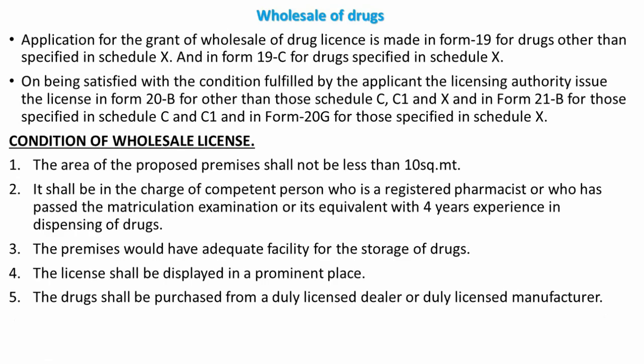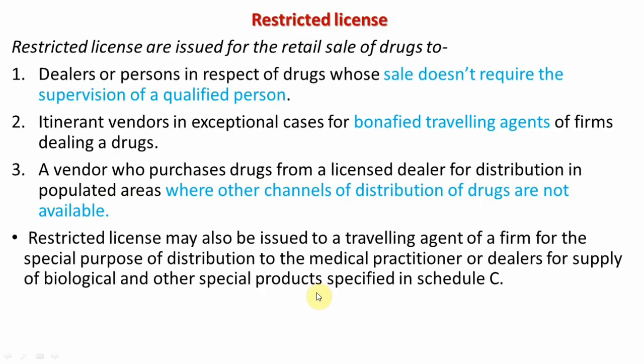Then next, wholesale of drugs. The conditions: the area of proposed premises shall not be less than 10 square meters. The premises would have adequate facility for the storage of drugs. License shall be displayed in a prominent place. Then restricted license. The restricted licenses are issued for the retail sale of drugs to dealers or persons in respect of drugs whose sale does not require the supervision of a qualified person.